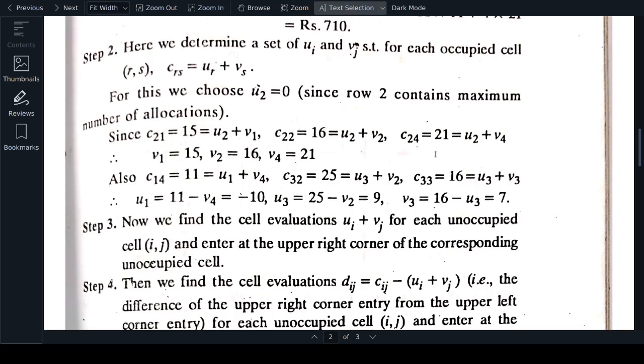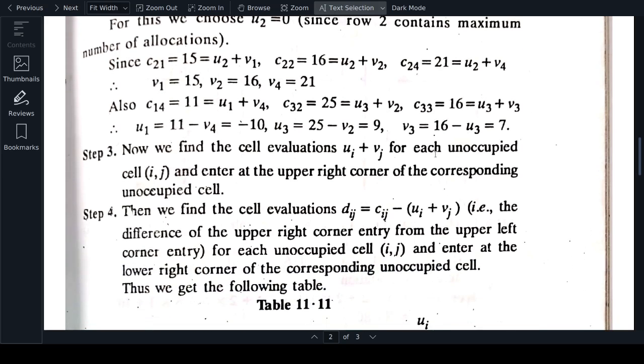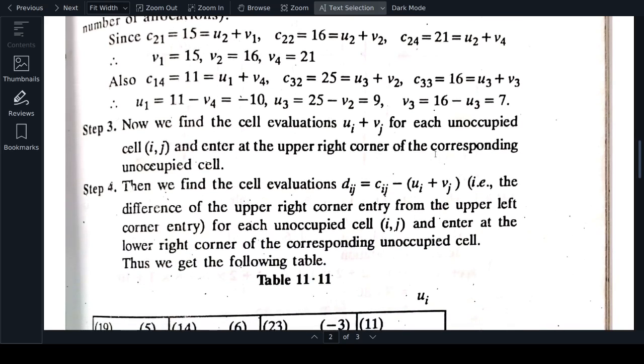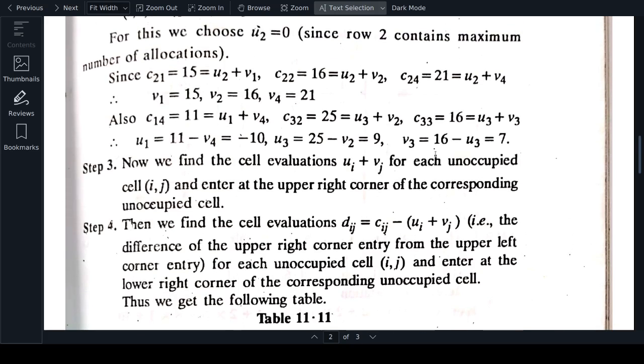If all Dij are greater than or equal to 0, meaning at least one Dij is 0, then we get an optimal solution, but an alternate solution is possible. And if at least one Dij is negative, then we move to the next step, number 4, right?